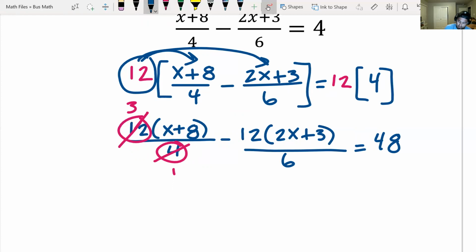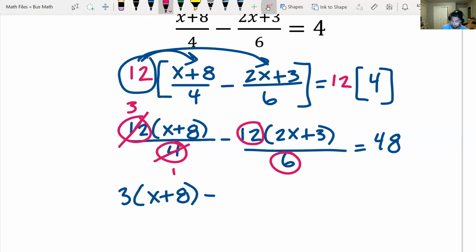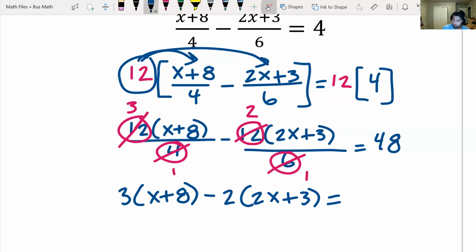What we have now is 3 times x plus 8 minus, and now you have 12 and 6. That 6 becomes a 1, and that 12 becomes a 2. You get 2 times 2x plus 3 equal to 48.